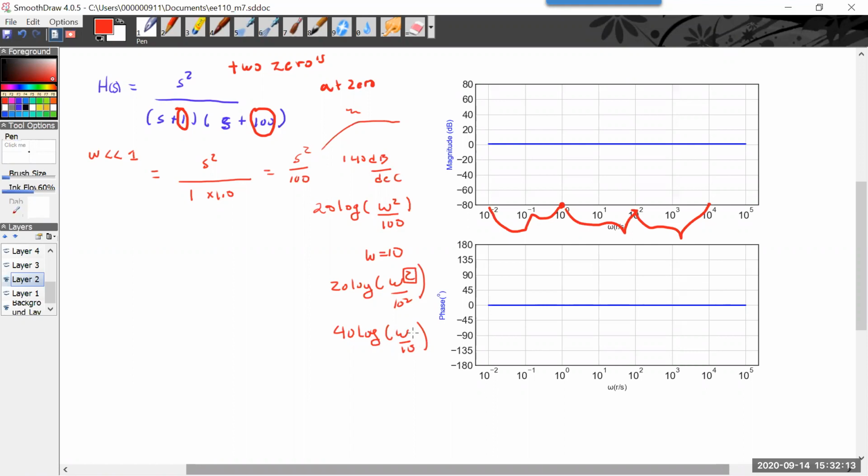And it is going to be 0 dB when omega equals 10.